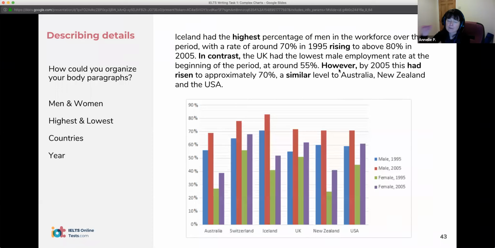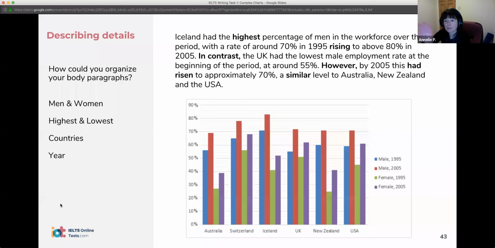So if some categories have a similar number, and you have quite a lot of categories to talk about, you can group them together, okay, and talk about an average number. Otherwise, you tend to have too much information to talk about, okay? So that's our first body paragraph.